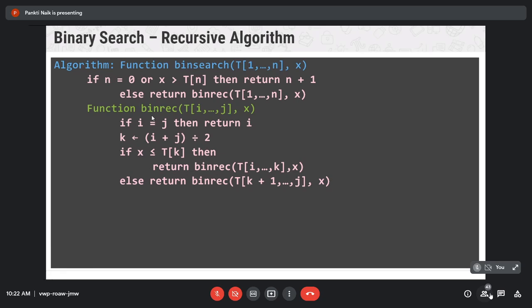Right? After calling this function, it will again find the midpoint value, and check if the value is less than the midpoint value, then again divide the problem into a subproblem. If the value is greater than the midpoint value, then it will return the recursive call but with the values k plus 1 comma j, right? So it will replace the value of i with k plus 1 and the value of j stays j, right?